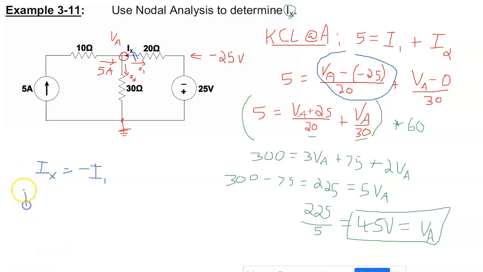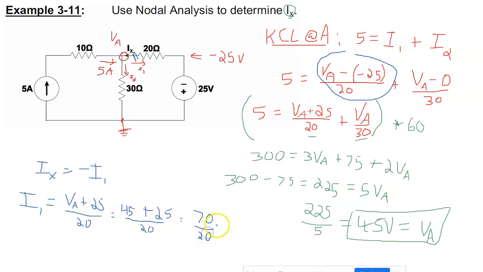So I1 is equal to VA plus 25 over 20. That gives us 45 plus 25 over 20, which is 70 volts over 20 ohms, and that is 3.5 amps.